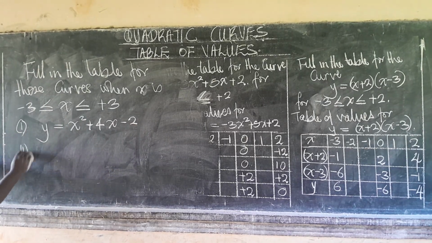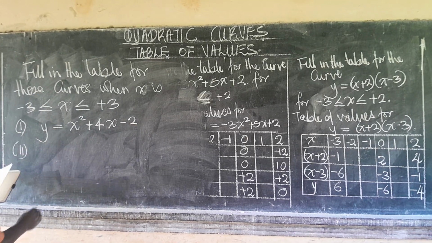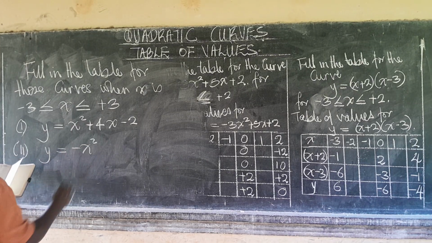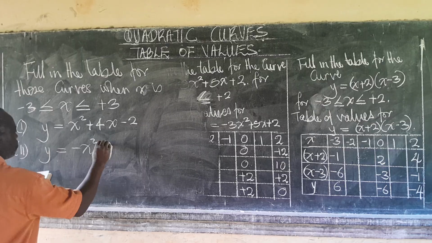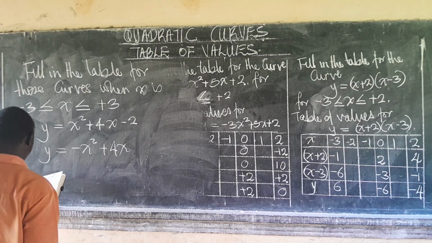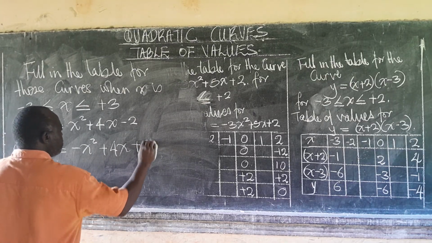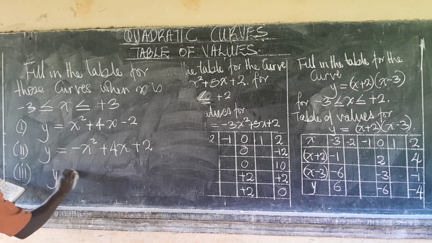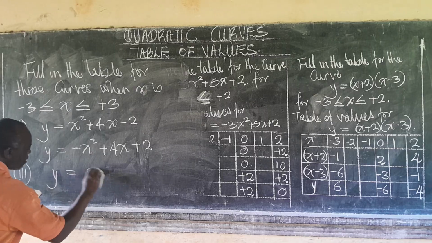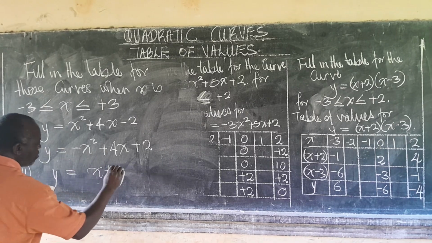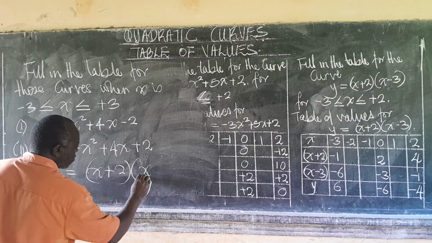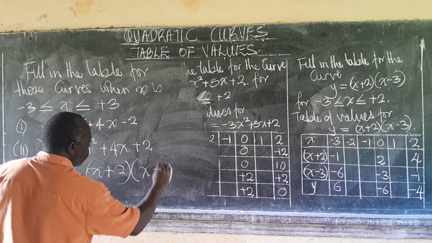Then the second curve is y equals negative x squared plus 4x plus 2, right? Then the third curve is y equals x plus 2 into x plus 1.